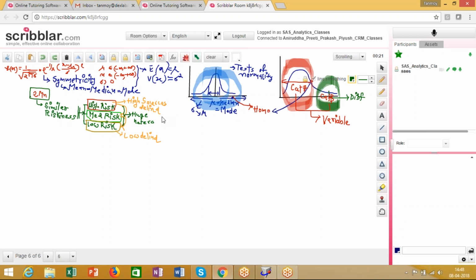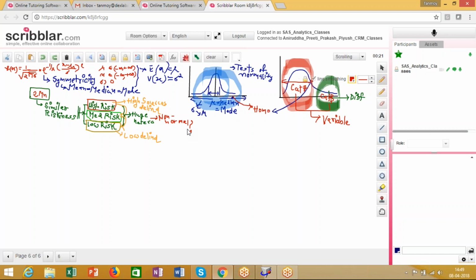Now, if there is huge heterogeneity, I will say that the distribution of any variable where all these accounts are punched together is non-normal, or asymmetric in nature. That there is skewness. Now, how do I ensure that there is symmetricity in the behavior?